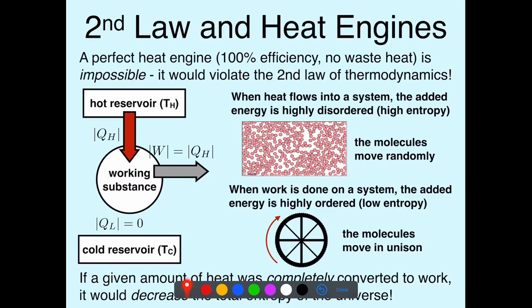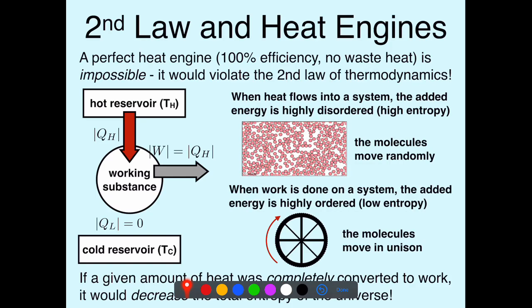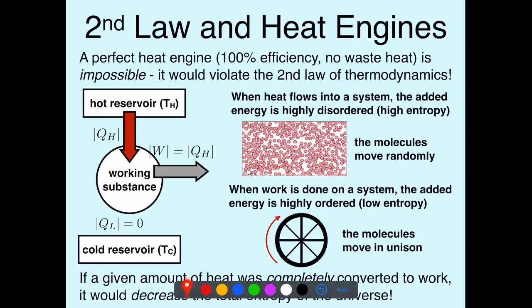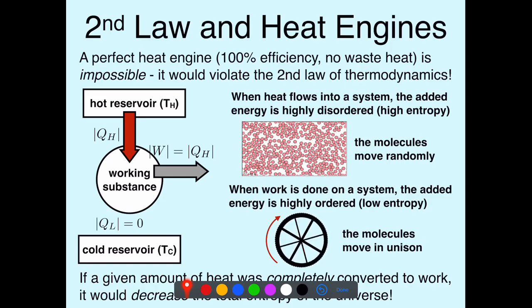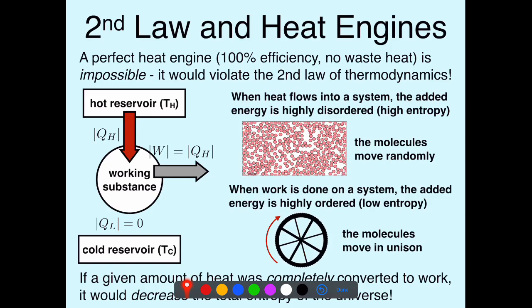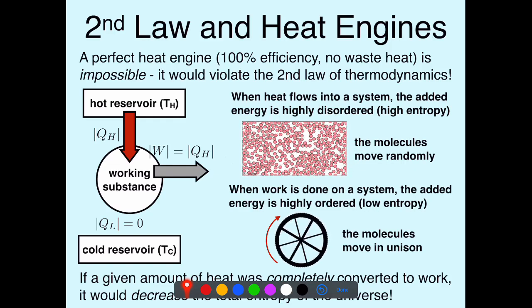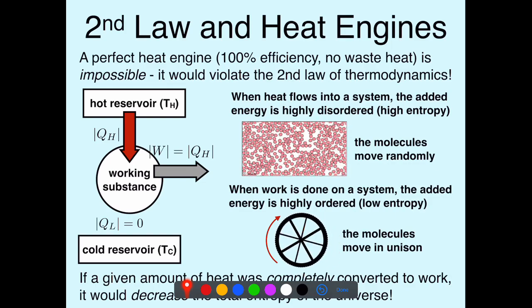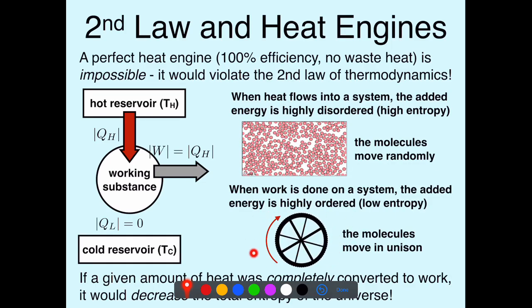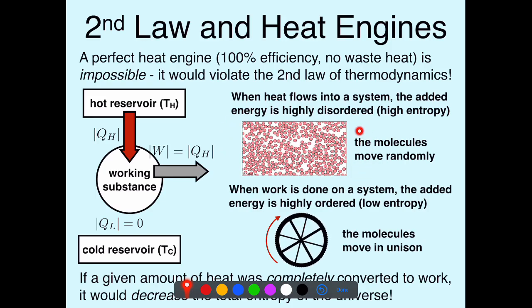Now, when work is being done on a system, that energy that's added is highly ordered. So, for instance, if you have work being done on a spinning wheel to make it rotate, instead of the molecules randomly moving around like what we have here, the molecules are moving in an organized fashion. They're all just moving in a circle like this. So this is low entropy, highly ordered motion. This is high entropy, very disordered motion.